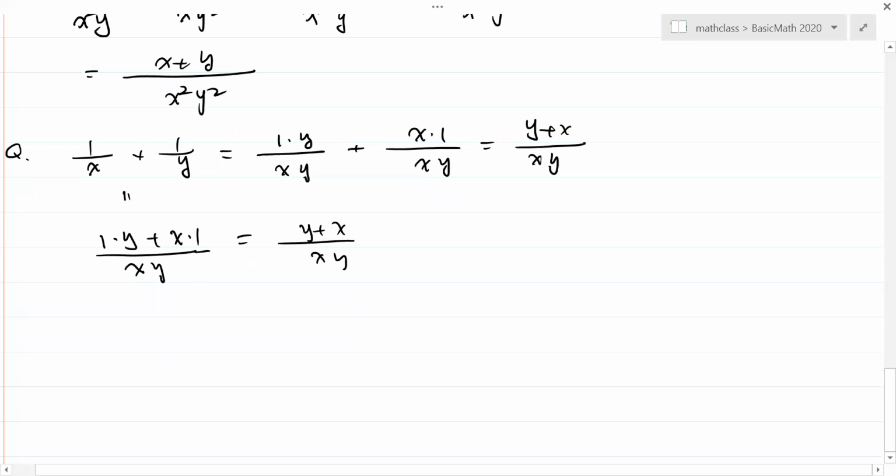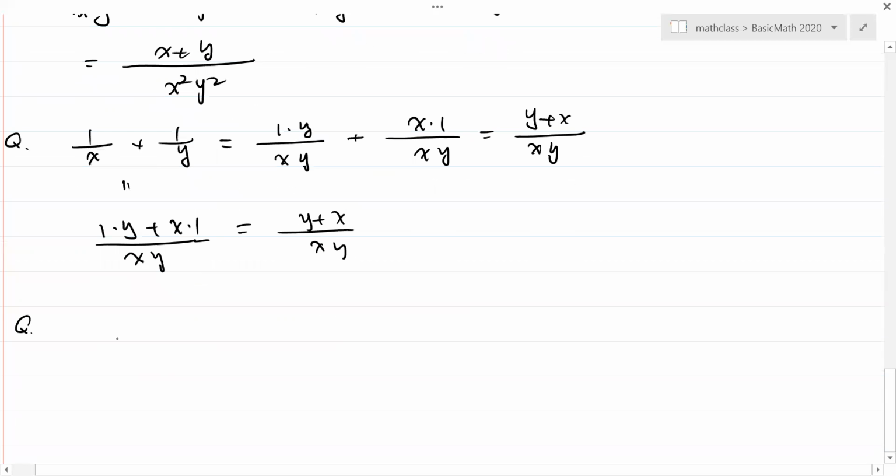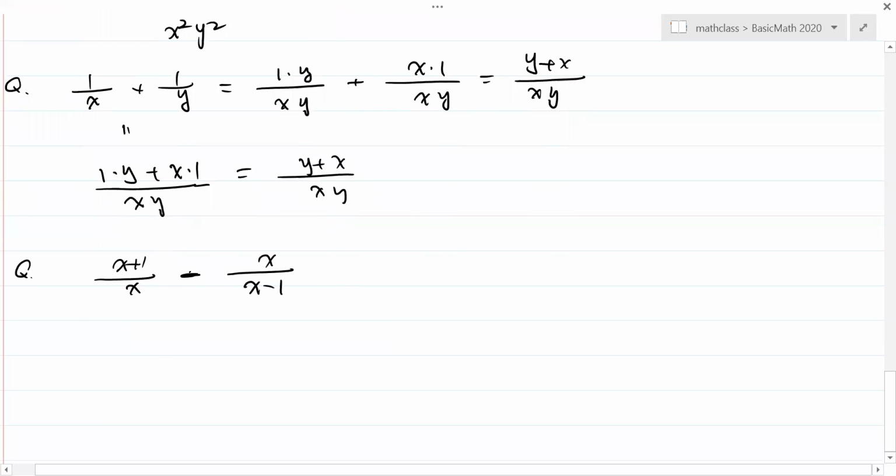Now sometimes, okay, you may have different denominators.